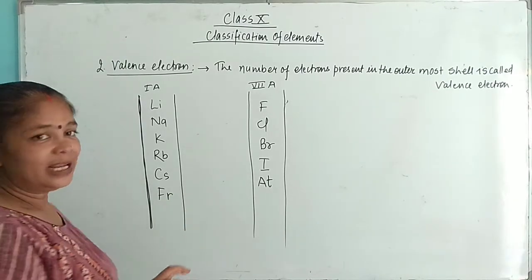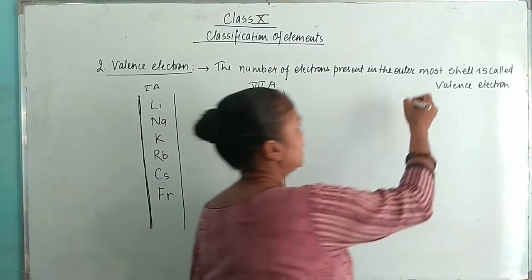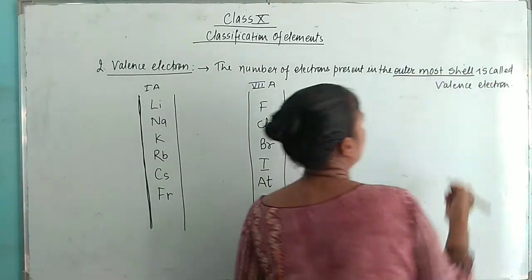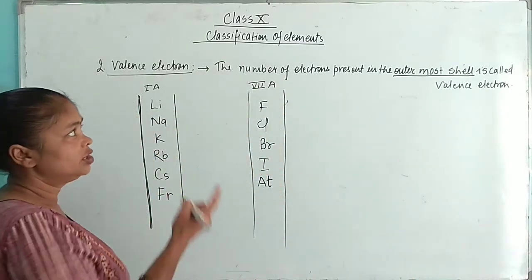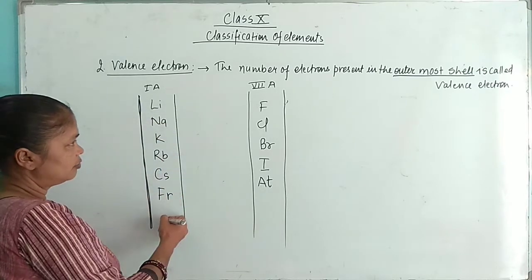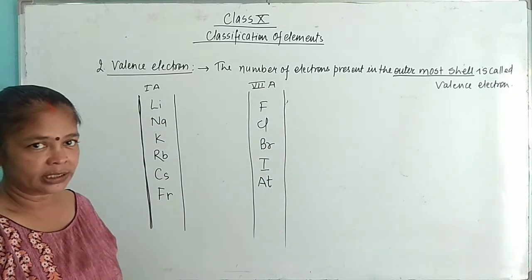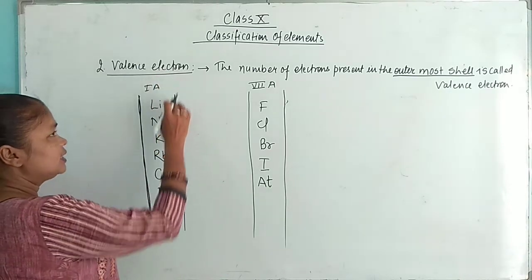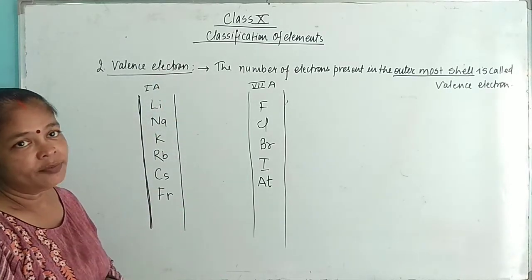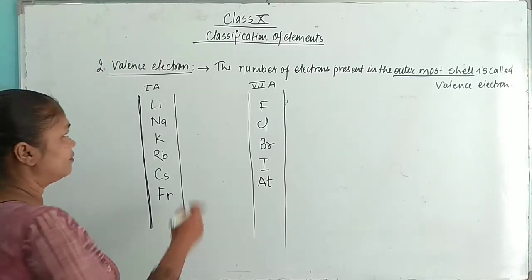Now valence electron: the number of electrons present in the outermost shell, or the valence shell, of an atom is called the valence electron. When we move up to down in a group, the valence electrons remain the same.